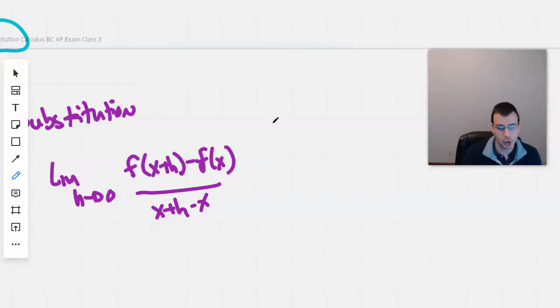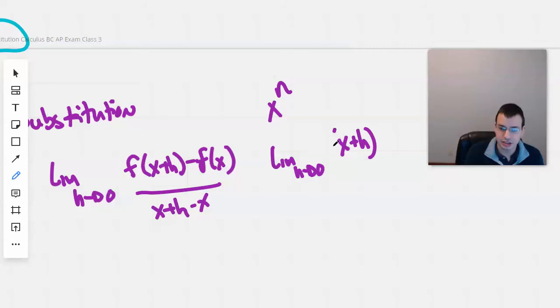Doing a quick one real fast. For x to the n, if you want to find the derivative of this, you do the limit as h approaches 0 of x plus h to the n minus x to the n all over x plus h minus x.